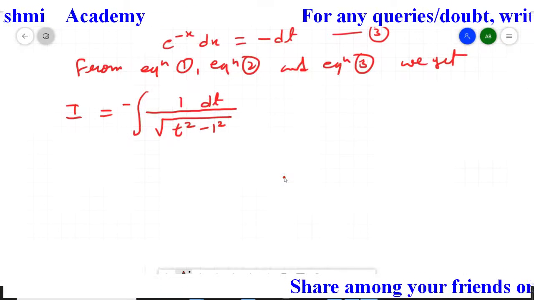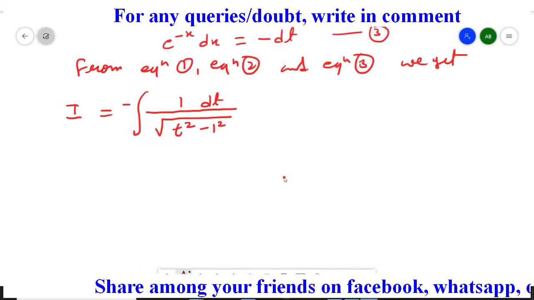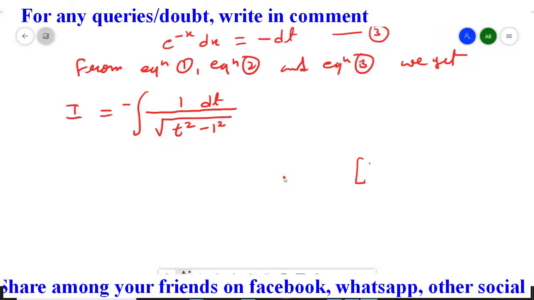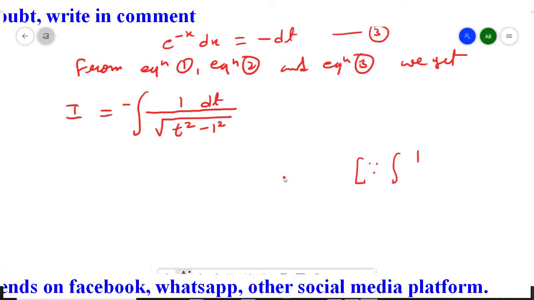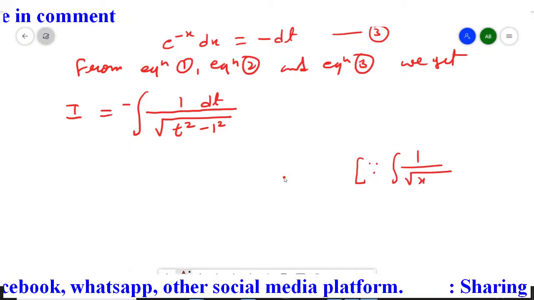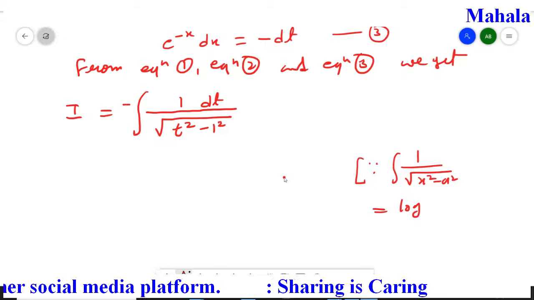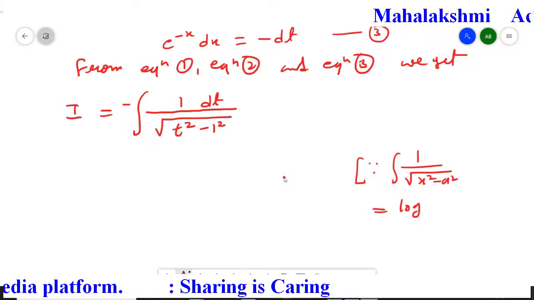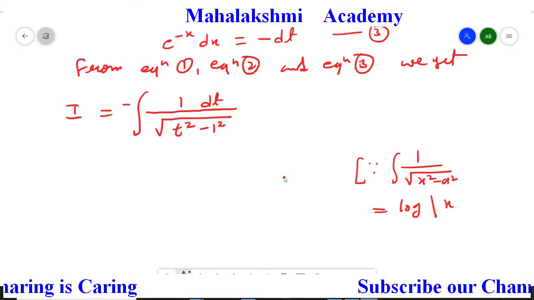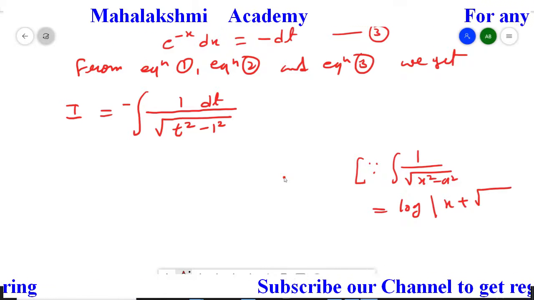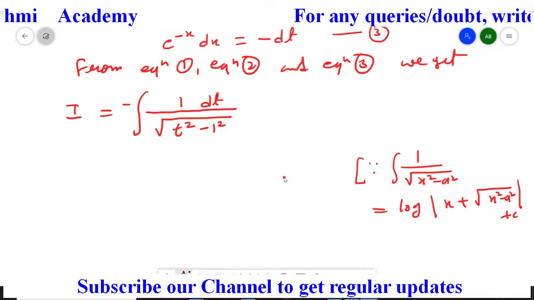Now students, we have to use the formula. In your book the formulas are already available to you, you can check it. The integration of 1 upon square root of x square minus a square is log mod x plus square root of x square minus a square, mod, plus integration constant.